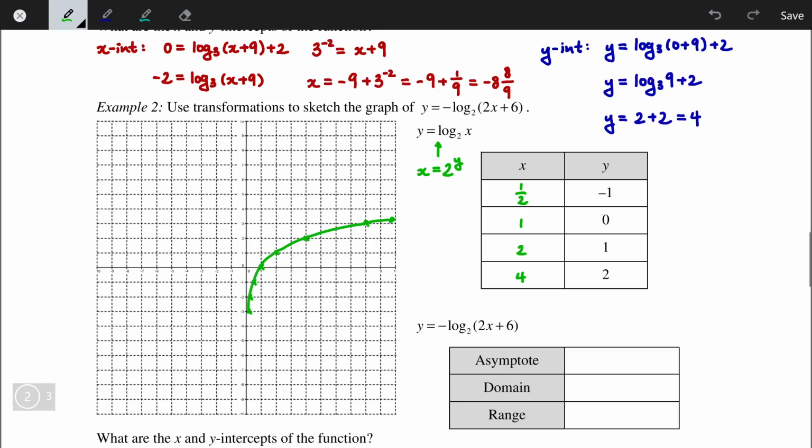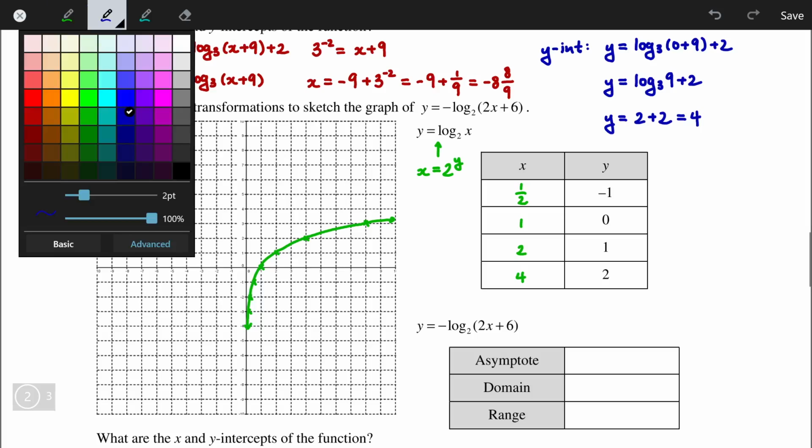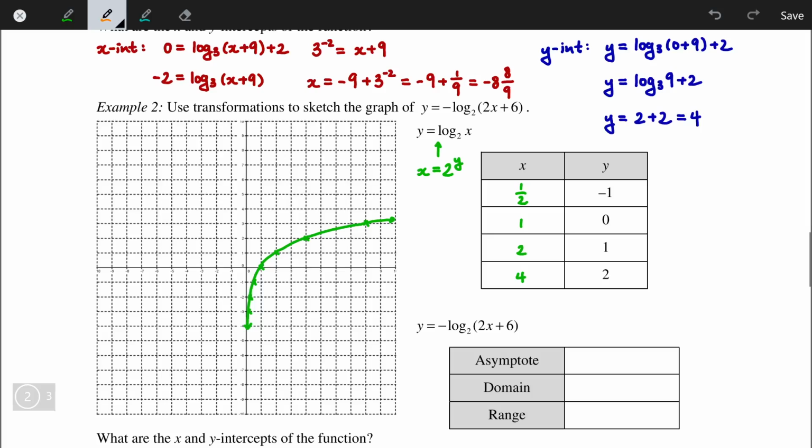And now in the second step, we're going to consider the transformation that has occurred. Okay. So let's look at the equation here. And we can see that we can factor the 2. So we have negative log base 2 of, and then 2, and finally (x plus 3).